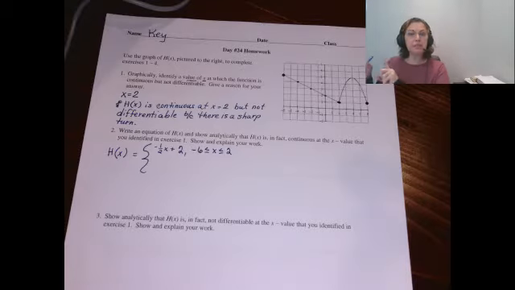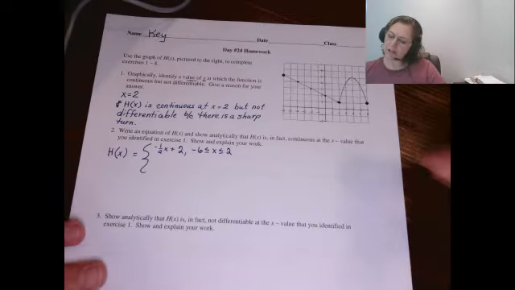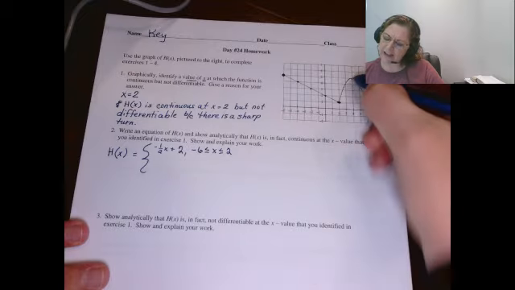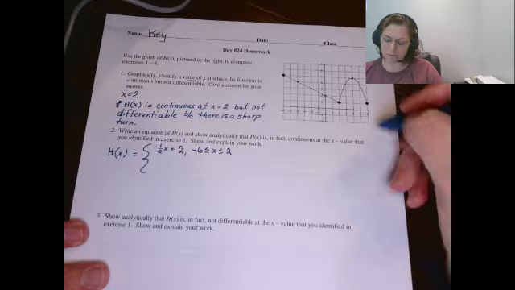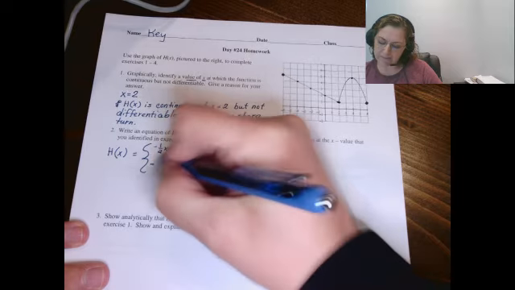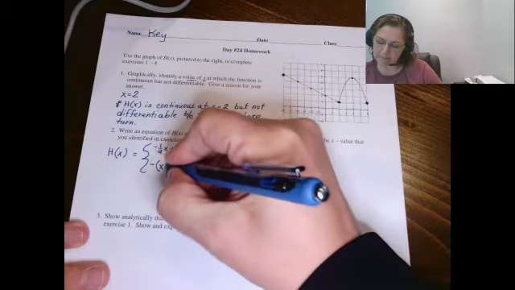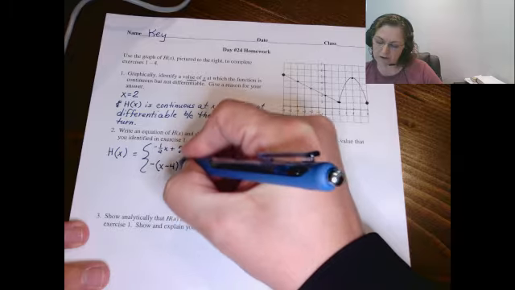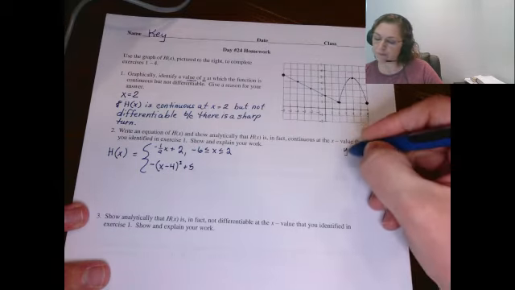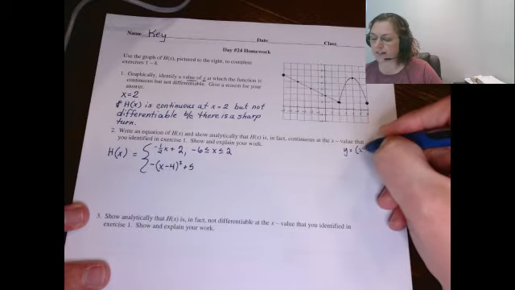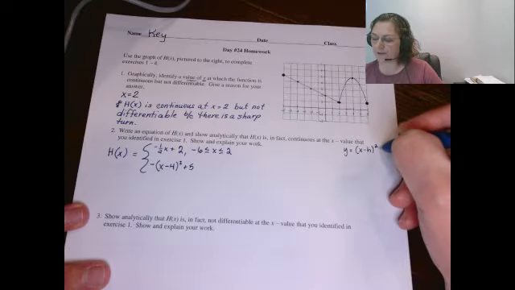Now your second piece is a parabola. It looks like it has a vertex at 4, 5, and it turns upside down. So I know that that's going to be negative x minus 4 squared plus 5. If you want to refresh your memory, remember that you've got vertex form of a parabola.